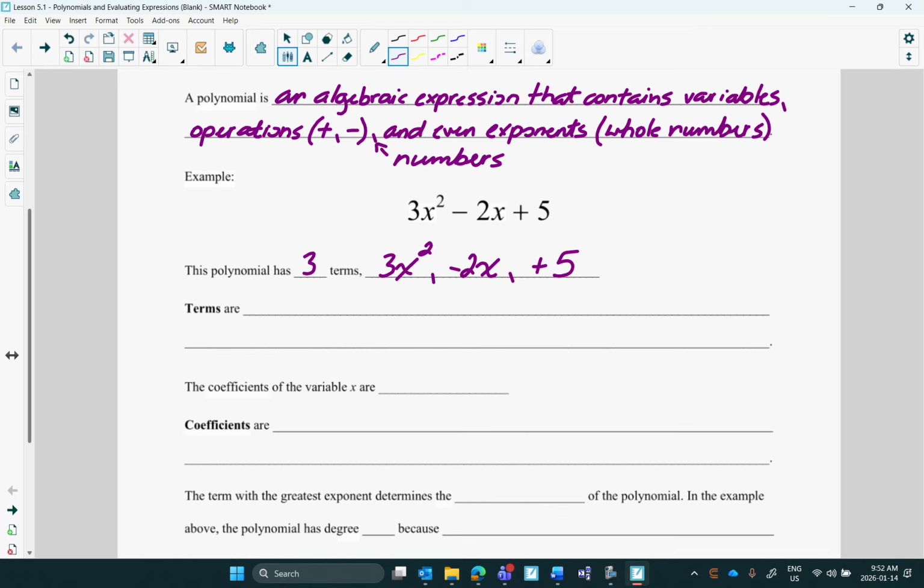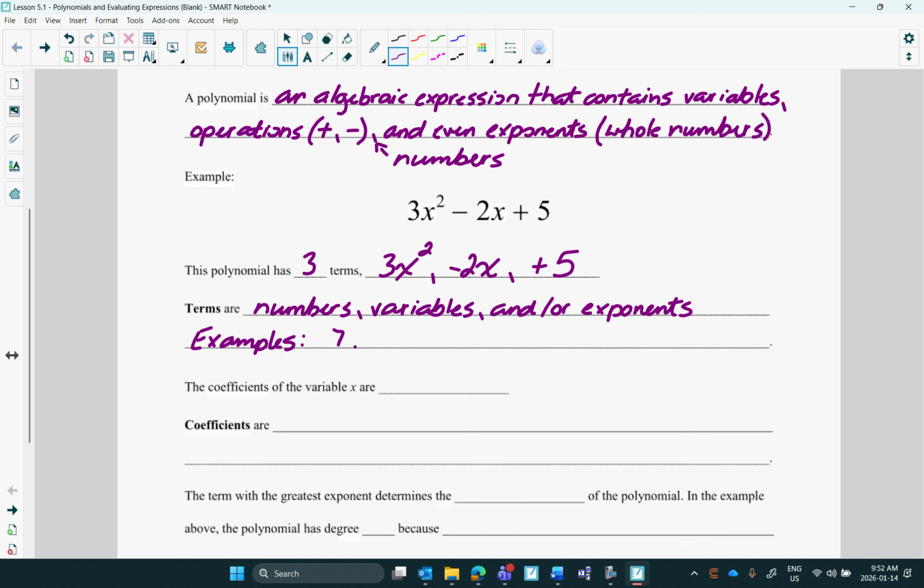Okay? And what are terms? They are numbers, variables, and or exponents. So it could be just a number. As examples, 7 could be a term.